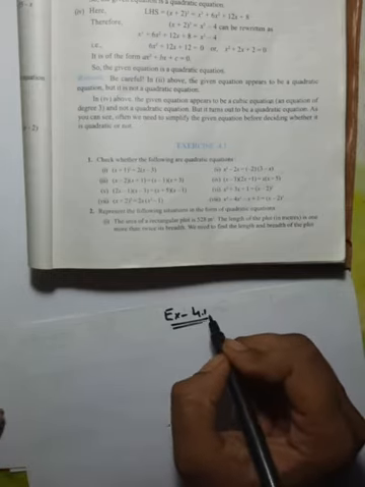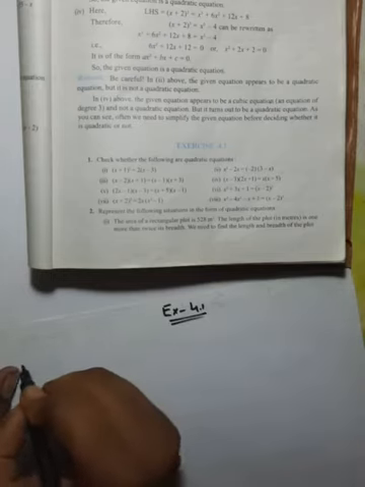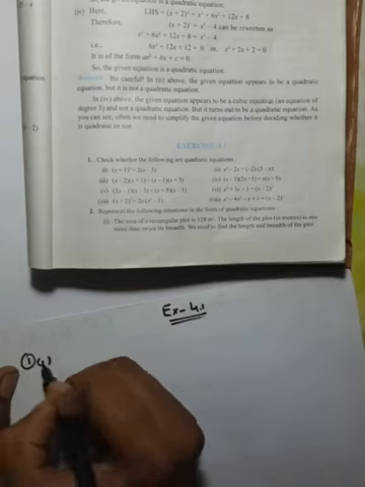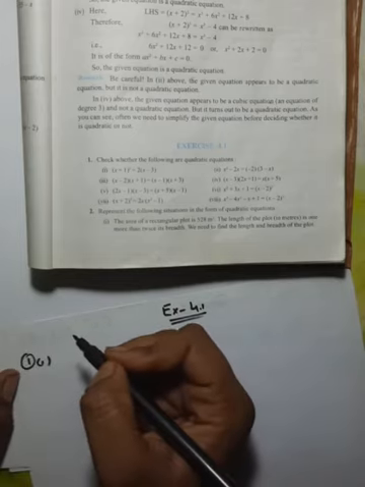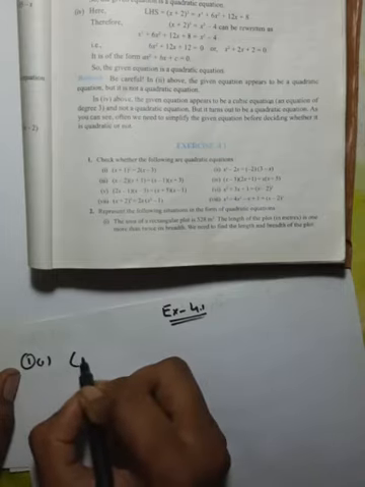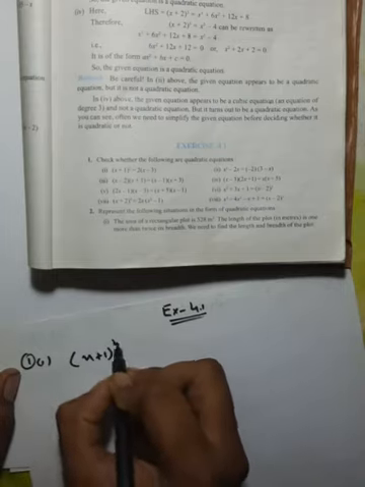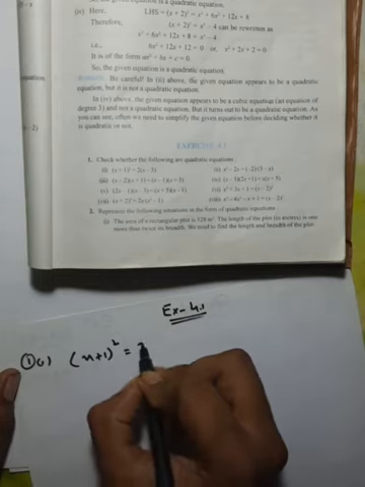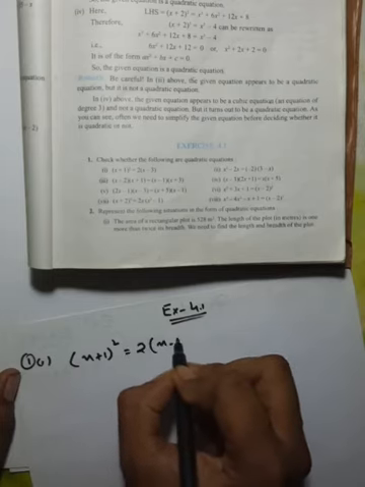The first question is: check whether the following are quadratic equations. x plus 1 whole square is equal to 2 into x minus 3.